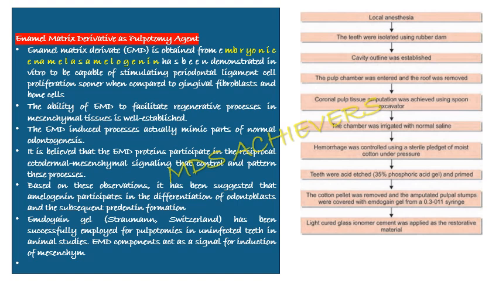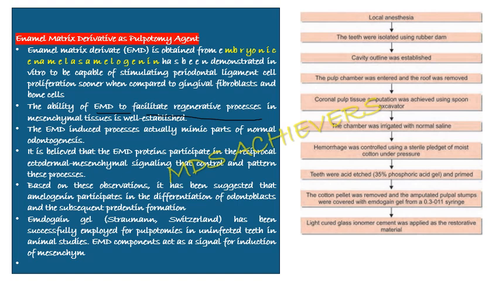So they are now identifying these amelogenin proteins that are released, which might also have an ability to induce the periodontal fiber, is what their research is about. The ability of EMD to facilitate the regenerative process in mesenchymal tissues is well established, and this induced process actually mimics parts of normal ontogenesis, and it is believed that these proteins participate in the reciprocal ectodermal mesenchymal signaling that controls the pattern of these processes.